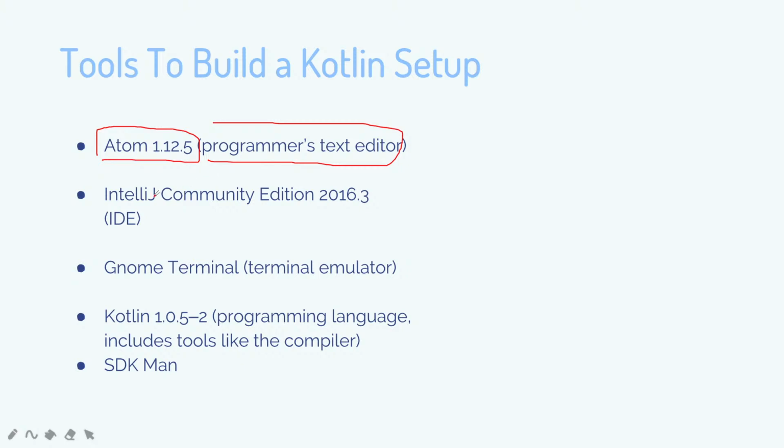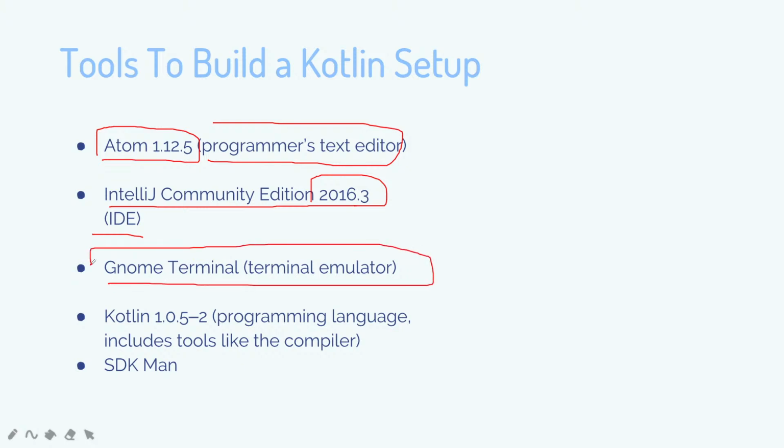Then IntelliJ Community Edition, version 2016.3 or so, but download the current version. And we need a terminal emulator, so for that purpose we need to use GNOME Terminal.